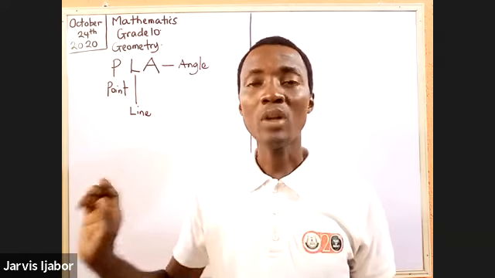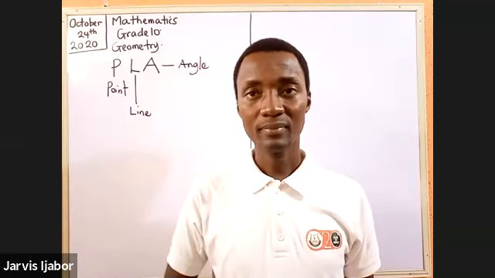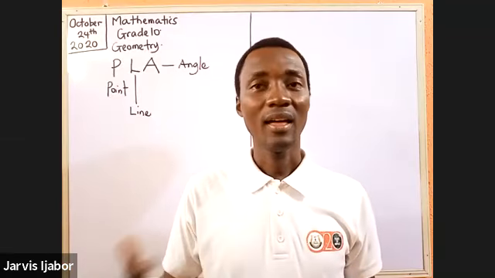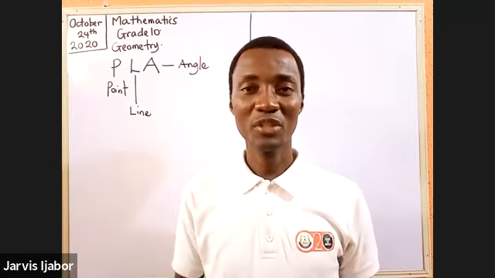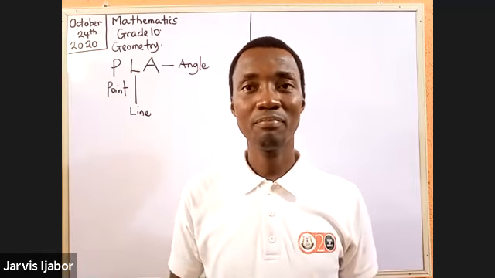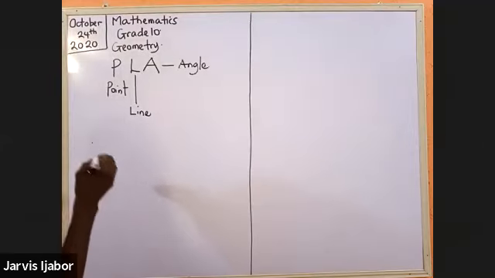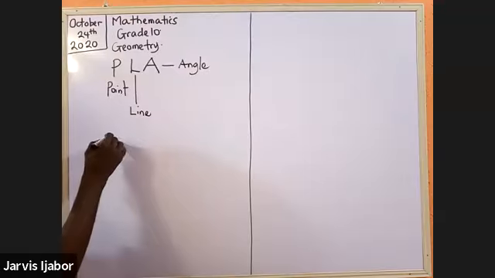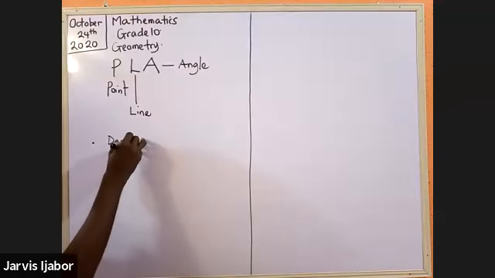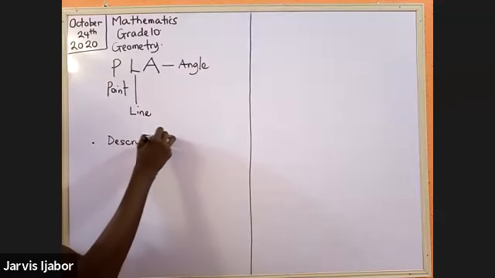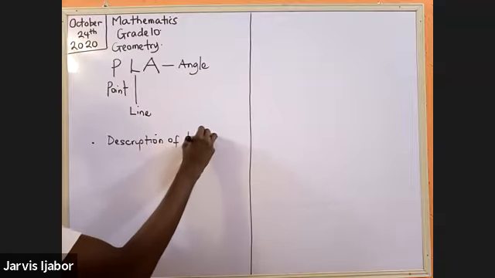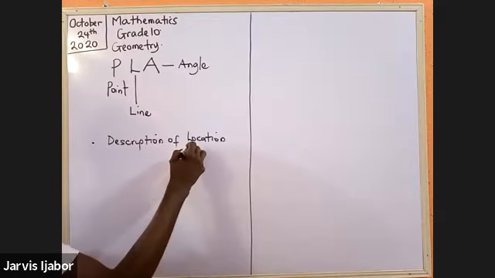Now, what is a point? There are lots of books and lots of definitions, but by wealth of experience, I've come to understand that a point simply talks about what? It is the description of location or what?